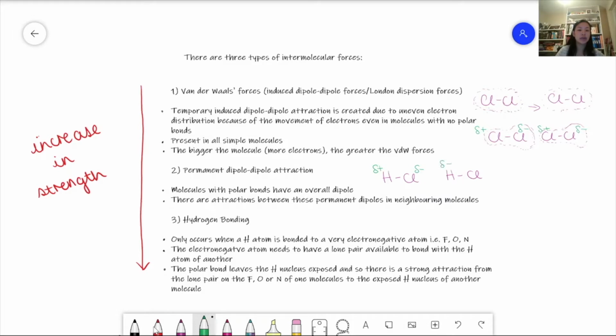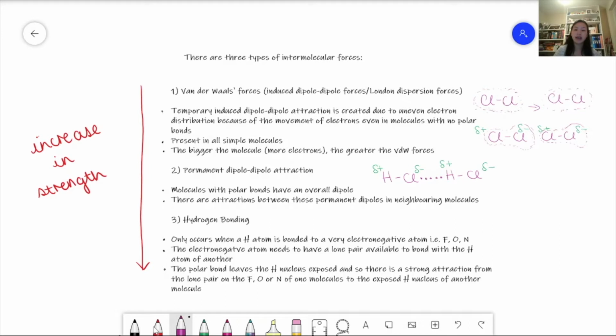Same with this one. And so there would be a permanent dipole attraction between them because a partially negative charge will be attracted to a partially positive charge. And if they're not arranged in this way, they normally rotate in order to be attracted like this.